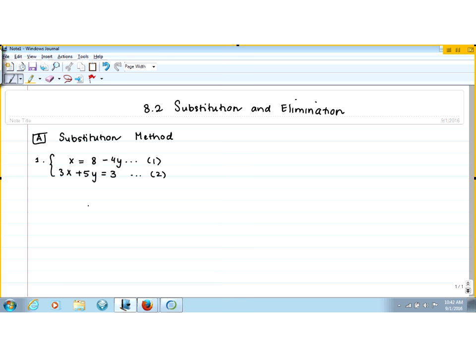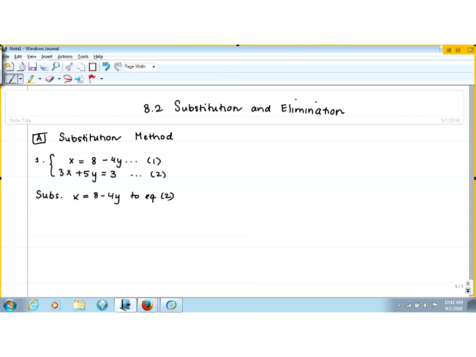Okay, what do you think we will do here? The goal is, remember, to have one equation, one variable. So I will substitute x equals 8 minus 4y into equation 2, right? Why would I do that?